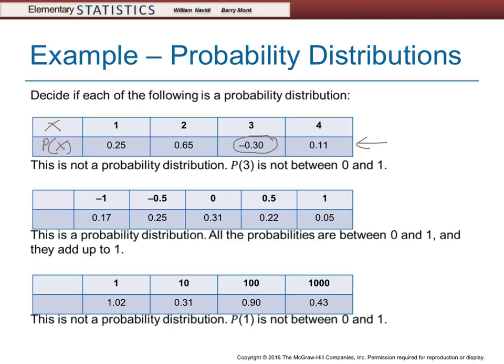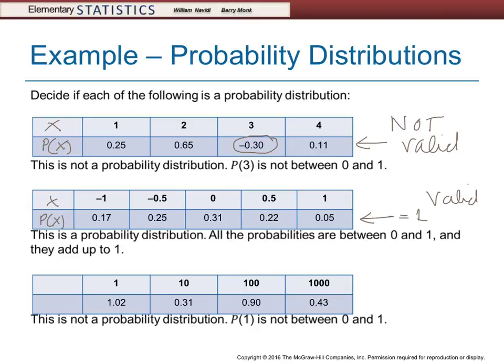So this is not a valid probability distribution. In our second case, we have x, p of x, and we notice that if we add up our probabilities, they do equal 1. And we notice that all of the probabilities are between 0 and 1. So this is valid. It is a valid probability distribution.